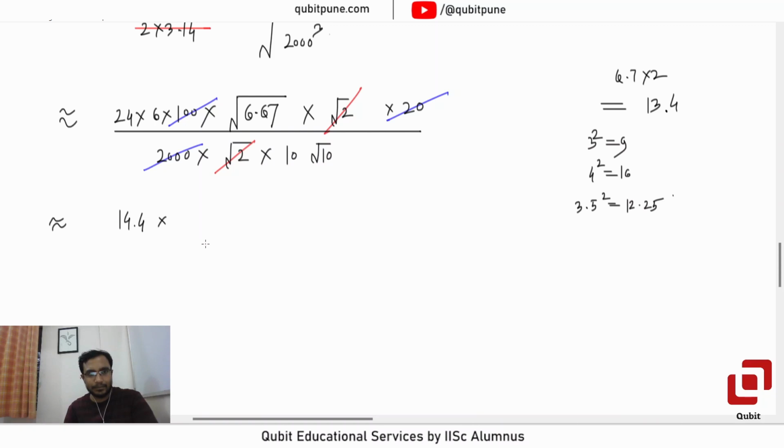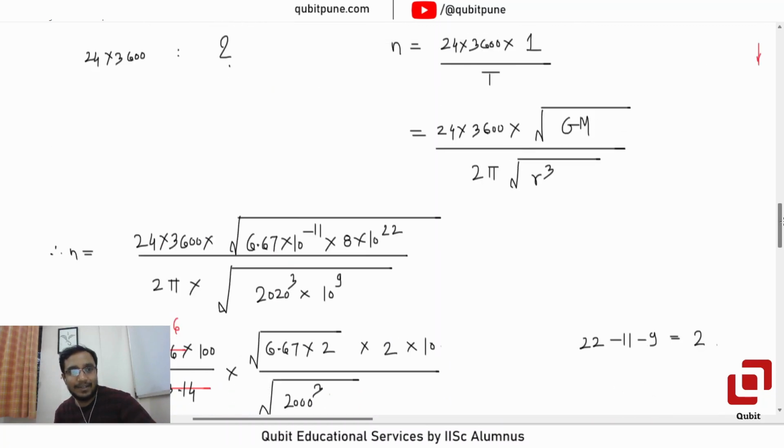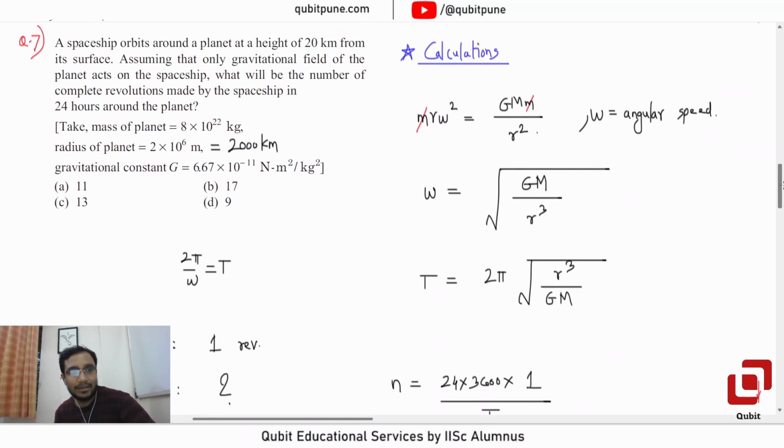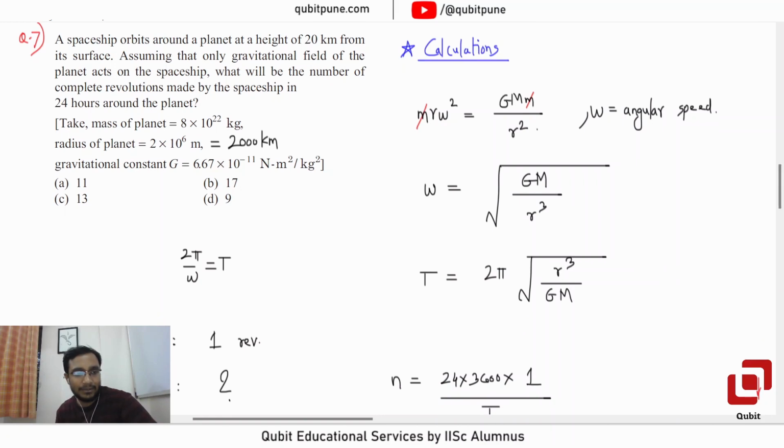14.4 into root of 0.667. So it is definitely less than 14, so B is not right.